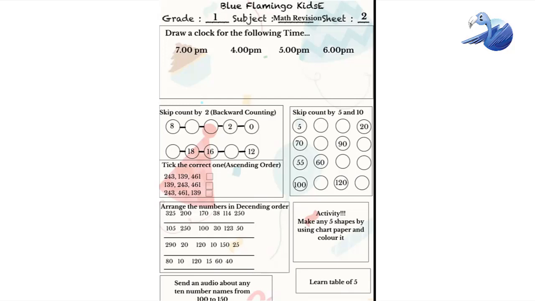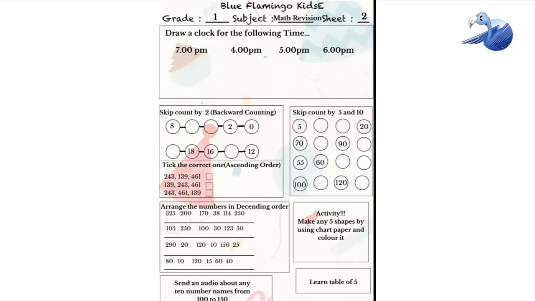Next is arrange the numbers in descending order. So first of all, what is descending order? In descending order, we write down numbers in big to small order. First we write down the big number and last we write down the small.